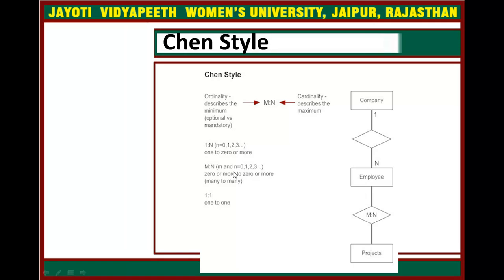Okay, so m to n means m and n equal to 0 or more to 0 or more, that means many to many. Okay, 1 to 1 means 1 to 1. So all these you can see here in this diagram, or you can say flow chart.